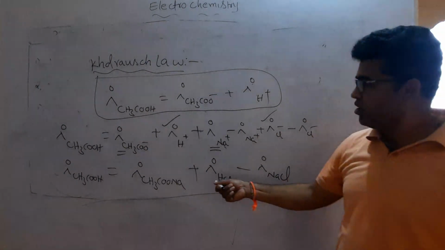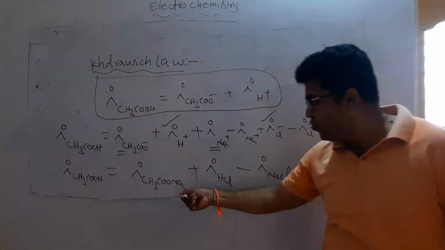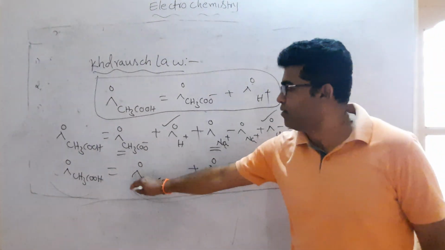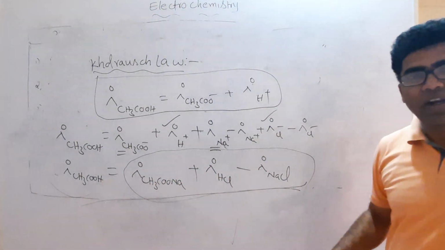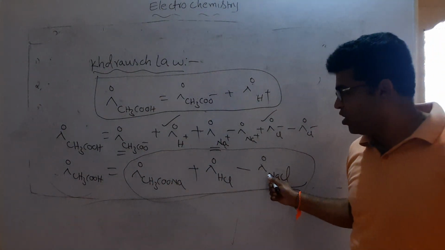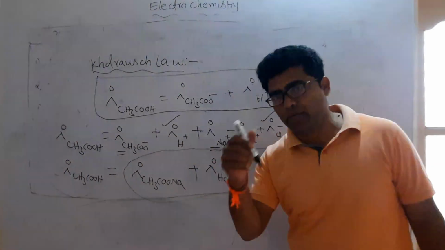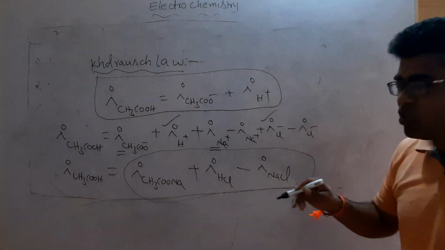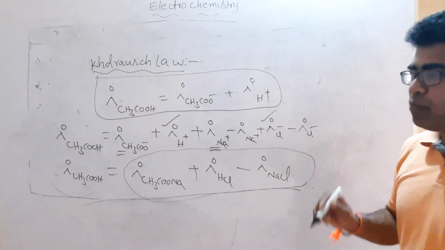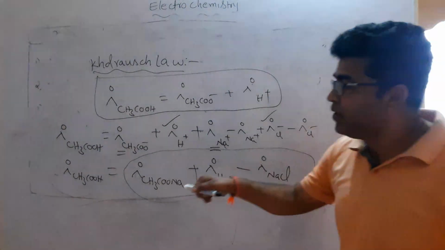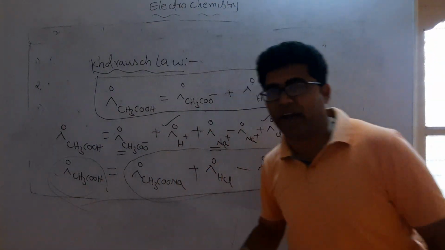So these are all strong electrolytes; these three we can determine. The limiting molar conductivities of strong electrolytes can be determined experimentally, but it is not possible to find experimentally the limiting molar conductivity of weak electrolytes.